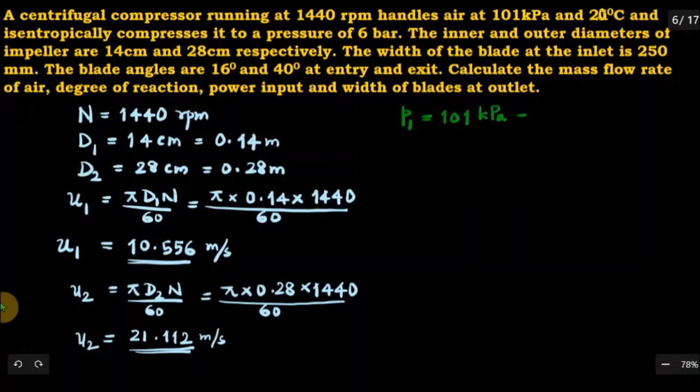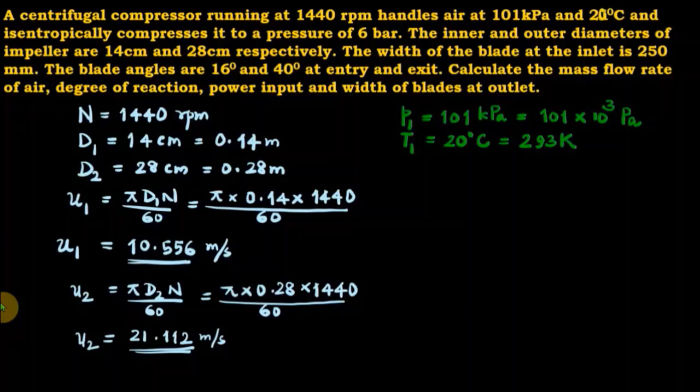So that is equal to inlet conditions, inlet static pressure in Pascal, it is 101 into 10 raised to 3 Pascal or Newton per meter square. And inlet static temperature T1 is also available. Let's use 20 degrees Celsius. So that is 20 plus 273, that is 293 Kelvin. So inlet static temperature and pressure are available.